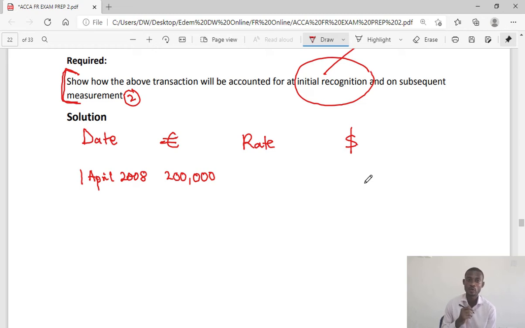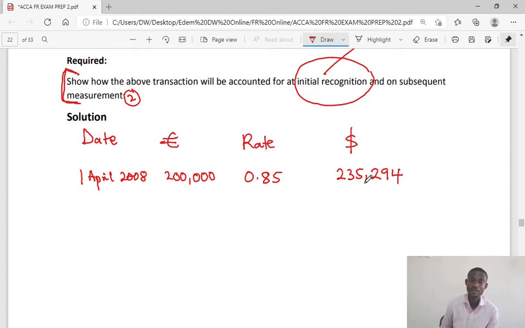And because we know the exchange rate, which is 0.85, to get more of the dollar, like I said, it will be 200,000 divided by 0.85, and that gives us 235,294.1. So rounding to the nearest thousand.